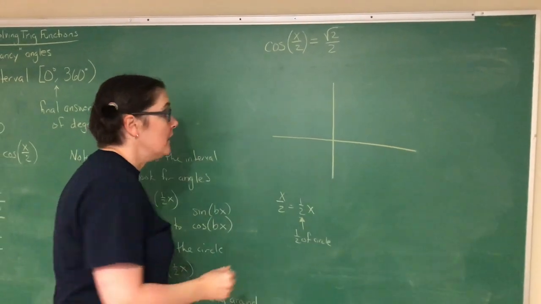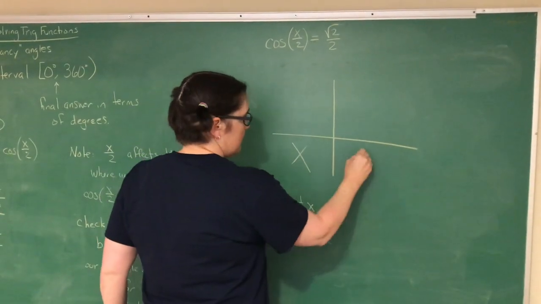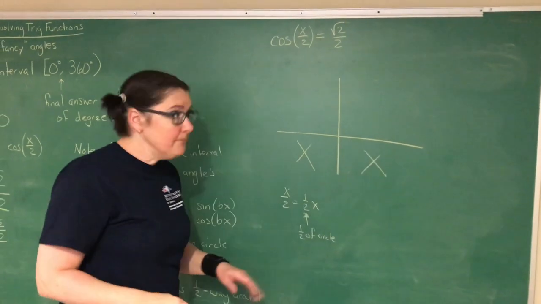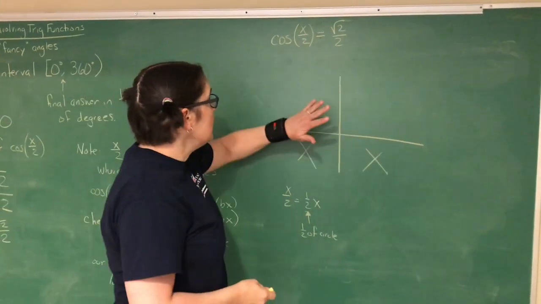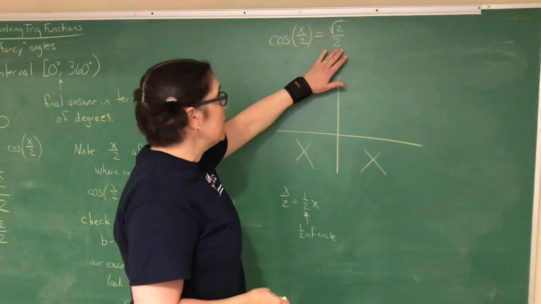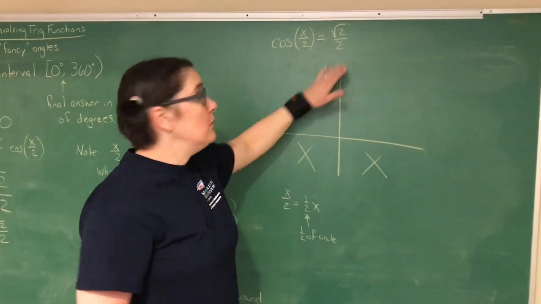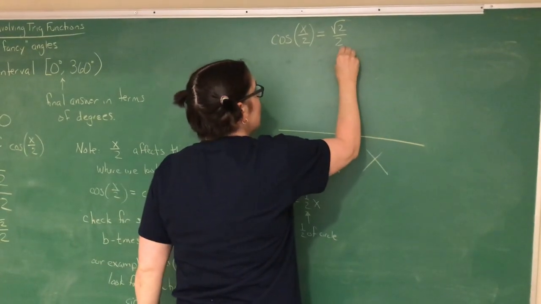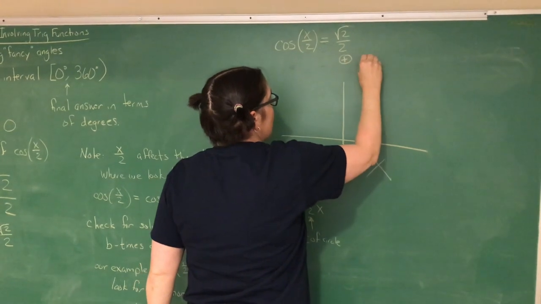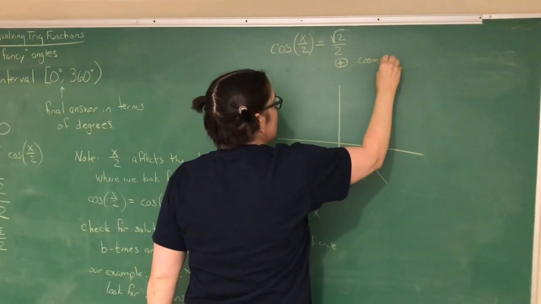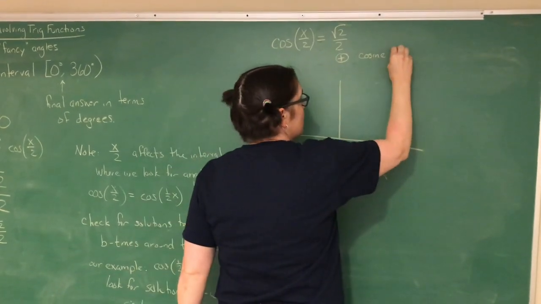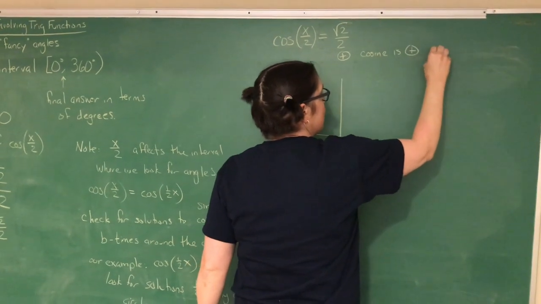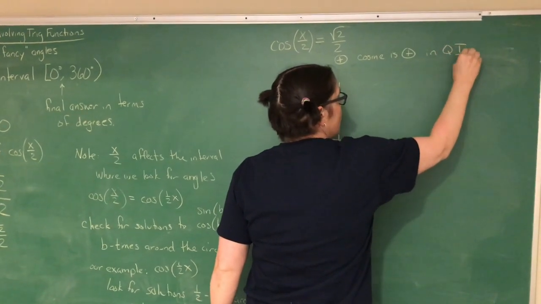Okay, so that means we can ignore quadrants 3 and 4 completely, and we're going to be looking for angles where the cosine value is positive. Now, when the cosine value is positive, we're talking about angles in quadrant 1, because cosine is positive in quadrant 1.